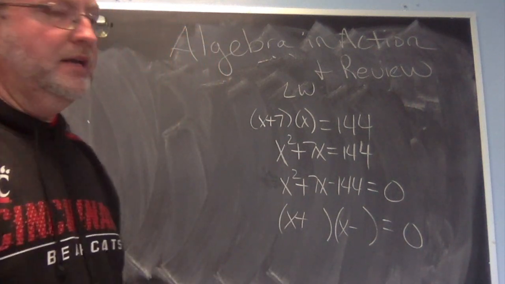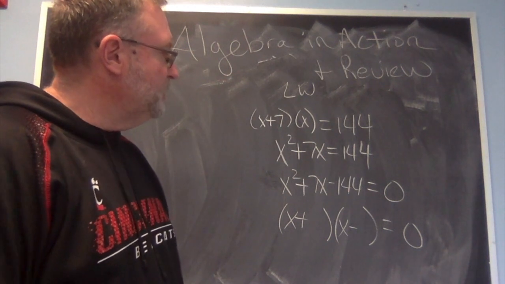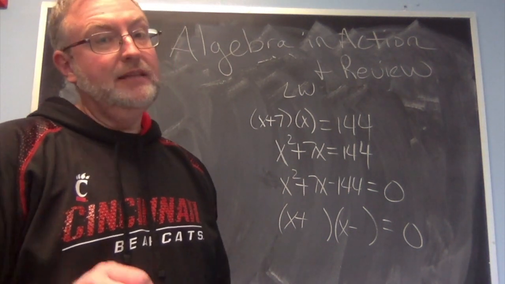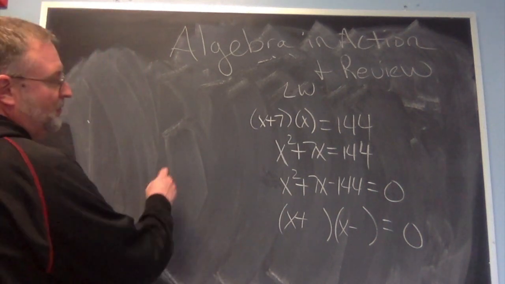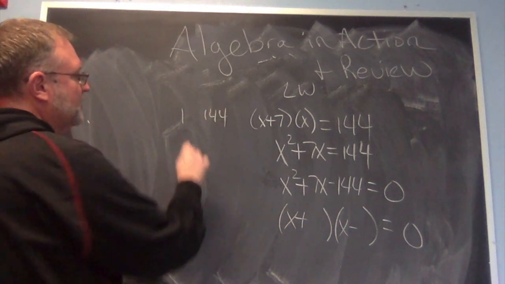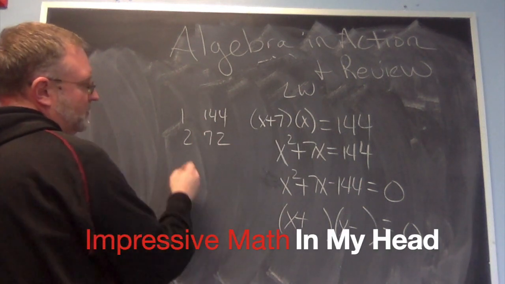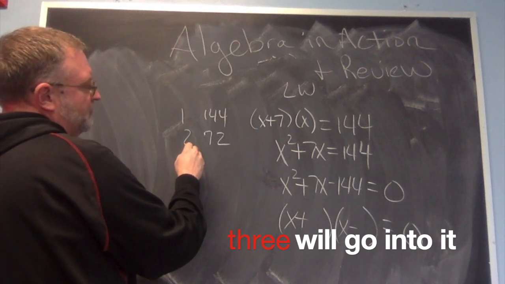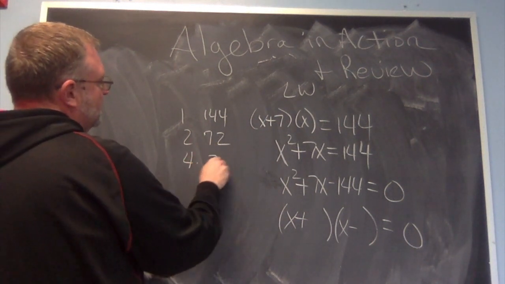Now, what times what equals 144, but subtracted is going to give you 7? That could take a while. The way to find it, again, you just have to start with 1 times 144. We know that is not going to work. 2 times 72, not going to work. 3, not going to. 4 will, so it'll be 4 times 36.